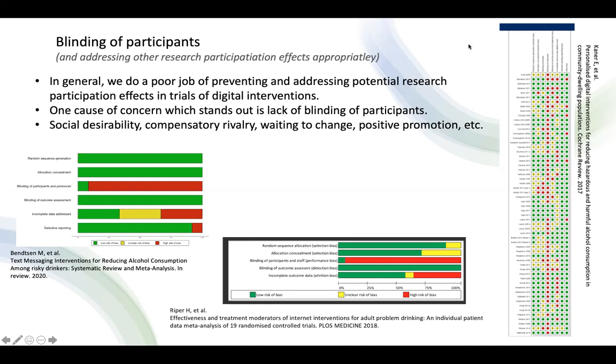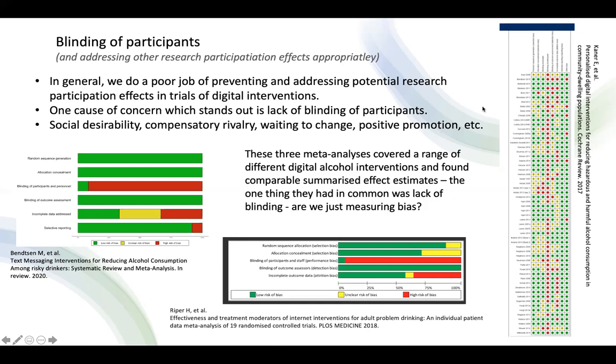But when you look at the synthesized results, effect sizes were quite similar. So you have this wide range of populations, wide range of interventions. The one thing they have in common is that they didn't blind participants, and we have similar effect sizes. And you could argue that over the last 20 years of digital intervention research, what we successfully measured was bias.